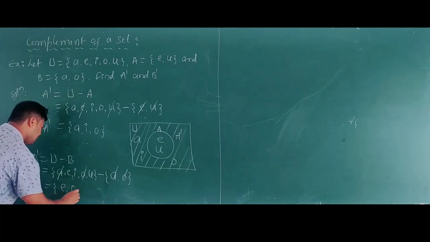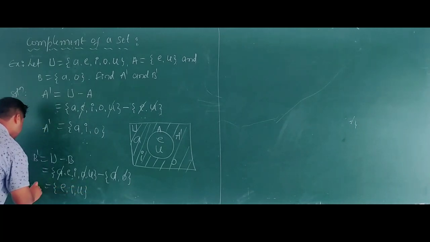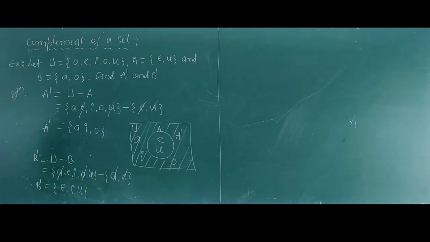E, I, U. So this is B dash, the B complement. Draw the Venn diagram for this.